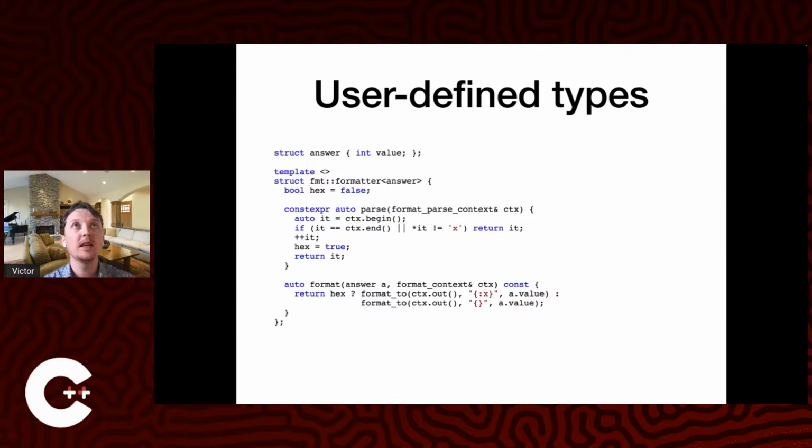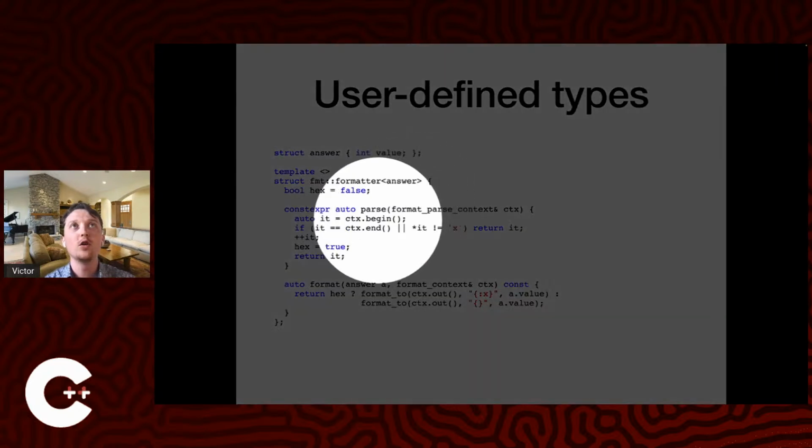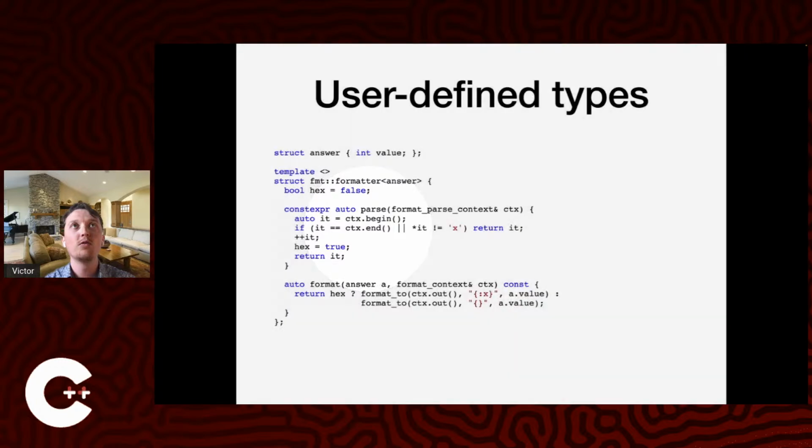The implementation in this case is very simple because we don't support too many specifiers here. Again, because it's just an example slide code. So we go over the format string, which is accessed through the context.